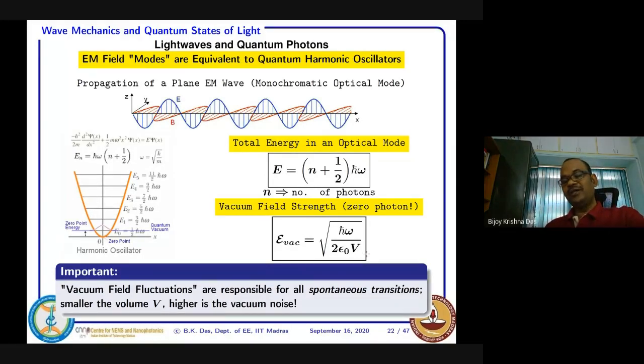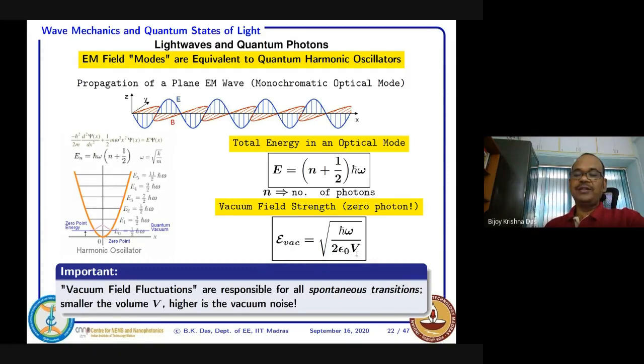If you look at this equation, this is not a photon. Though h cut omega is there, h cut omega by 2 is there, so it is not a photon basically. It is some energy, and the corresponding field strength is this one, and you can also estimate the magnetic field strength from Maxwell's equations. But if you see, V is the volume. Suppose the volume of the resonator is very large, V is very large, so this vacuum field strength is very small.